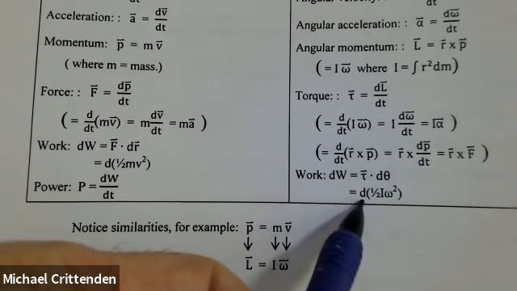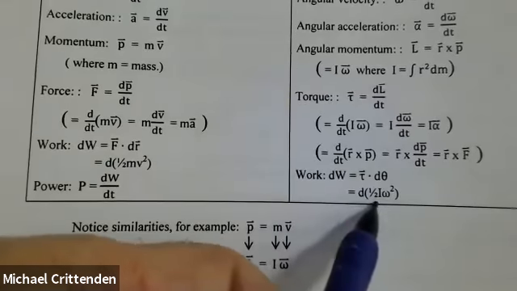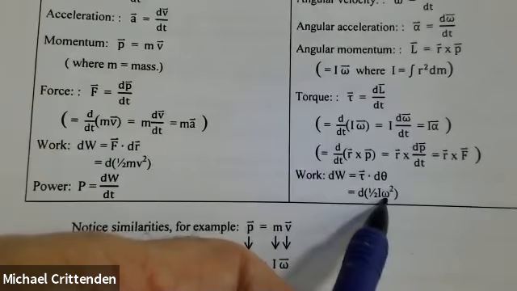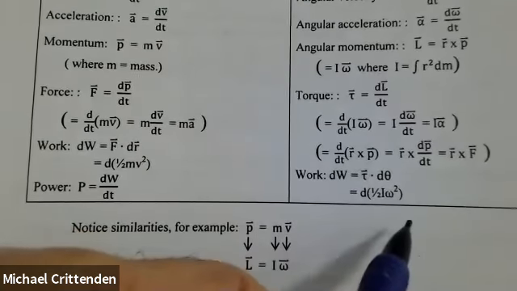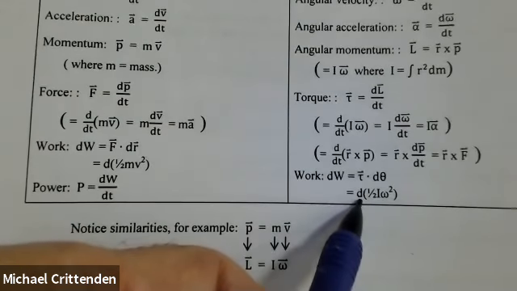Notice that, let's see, the differential of this would be I times omega, which would be, no, wait a minute, what did I mean by that?